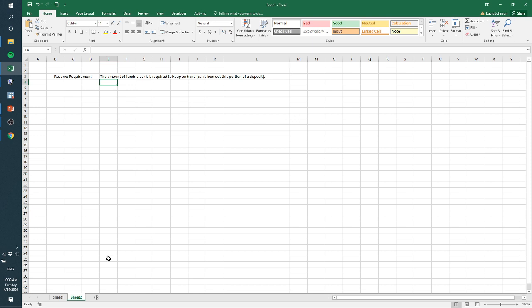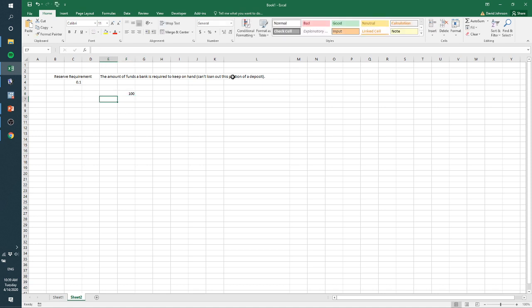It's not too terrible. So let's imagine a scenario where the reserve requirement is 10%, and you go in and you deposit $100.